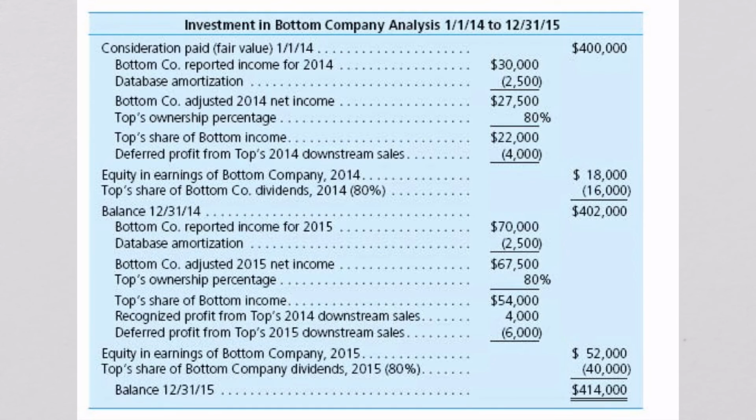If it's downstream, this is the calculation that the downstream causes for the non-controlling interest, and that is simply that the amount that is the unrealized profit, this is for 2014 right now, does not even touch the non-controlling interest at all.